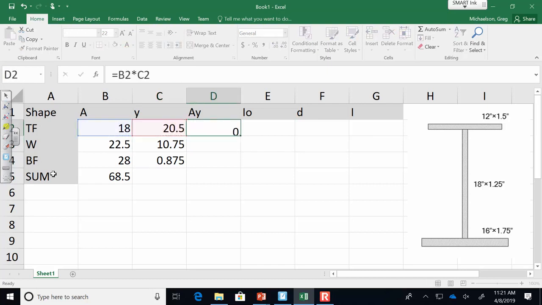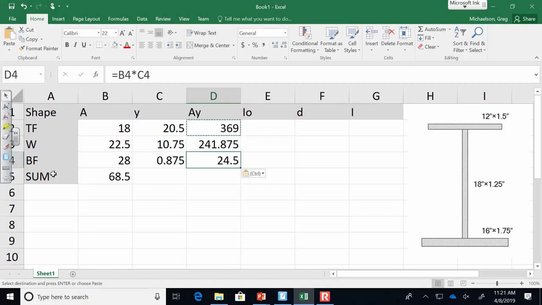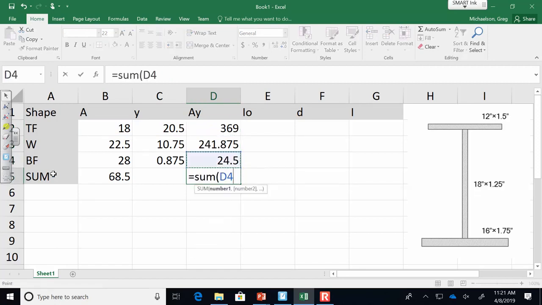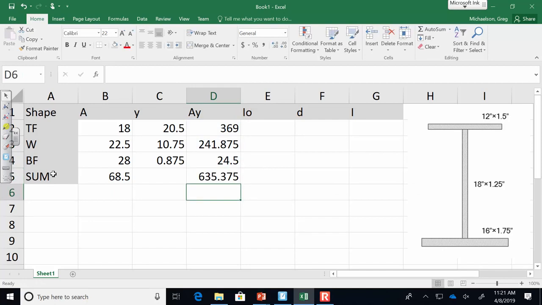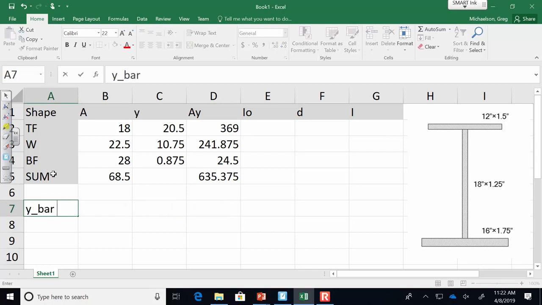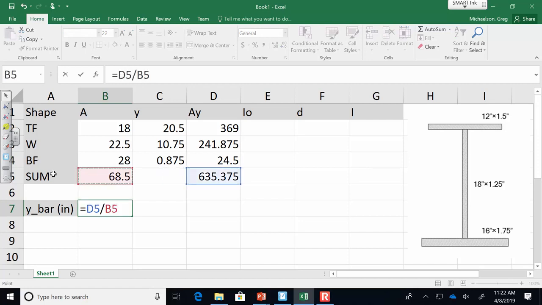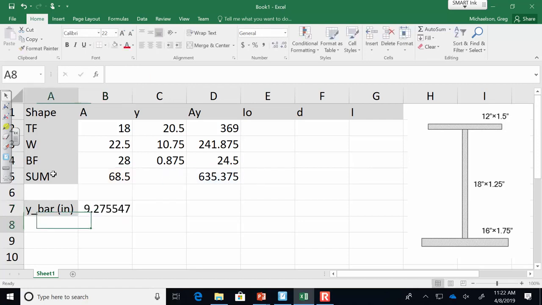Then, right? So if I computed the centroid right here, how would I do that? I'd take the sum of AY divided by the sum of A, right? And that tells me where the centroid is.